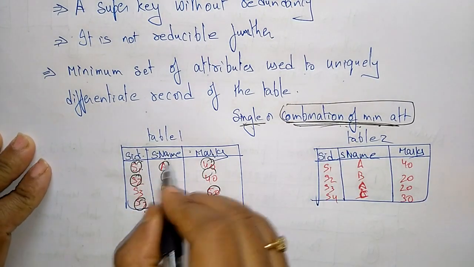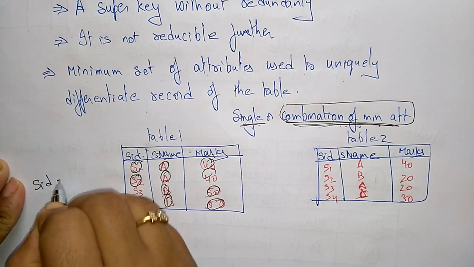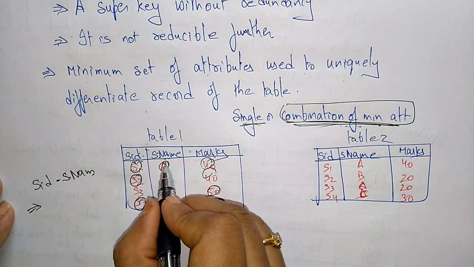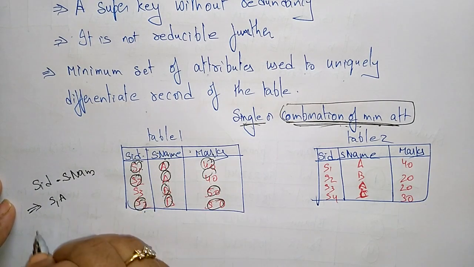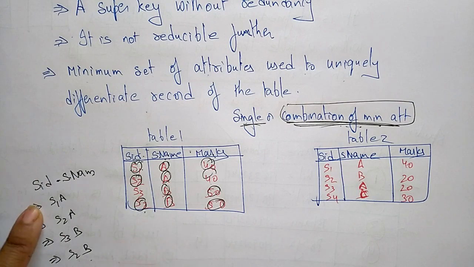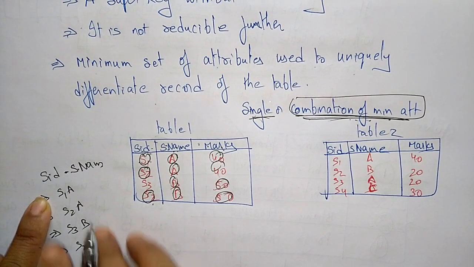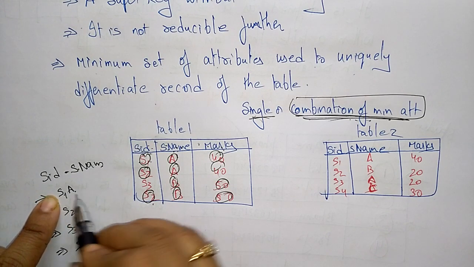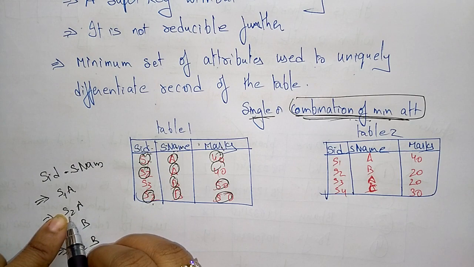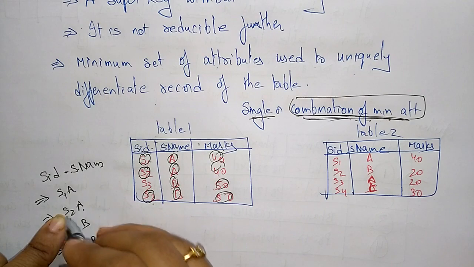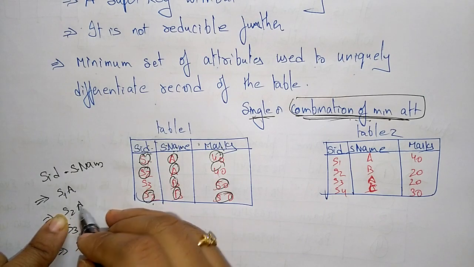If you take SID and SName, is any redundant data coming? S1A, S2A, S3B, S2B. Here the redundant data is not coming, because S1 is the student ID and he may have the name A, and another student ID S2 having the same name means with different IDs, the same name is possible.